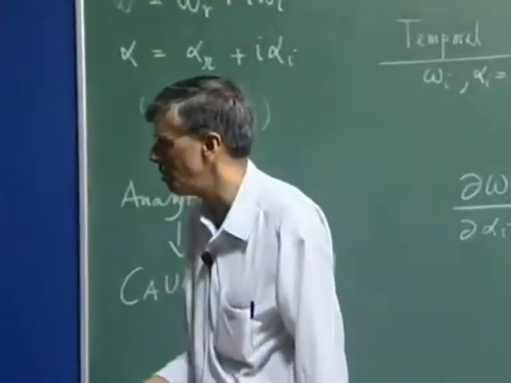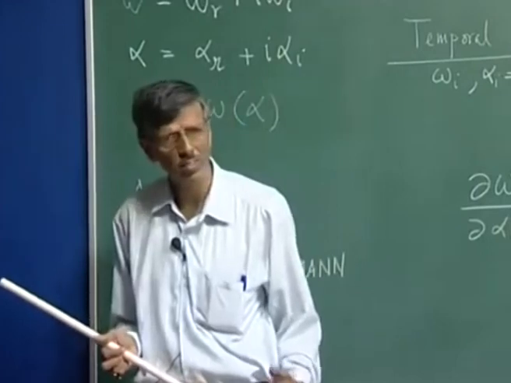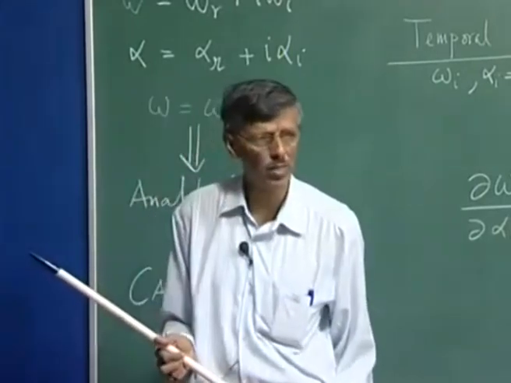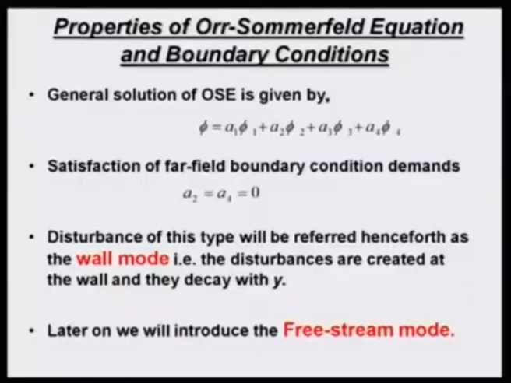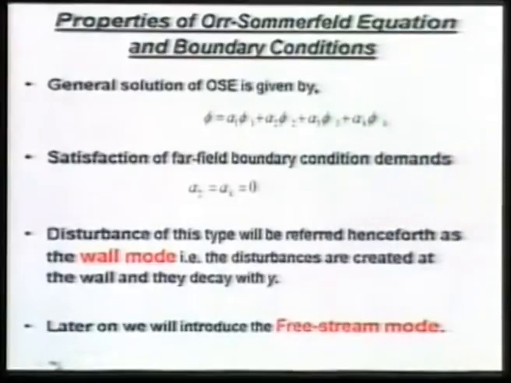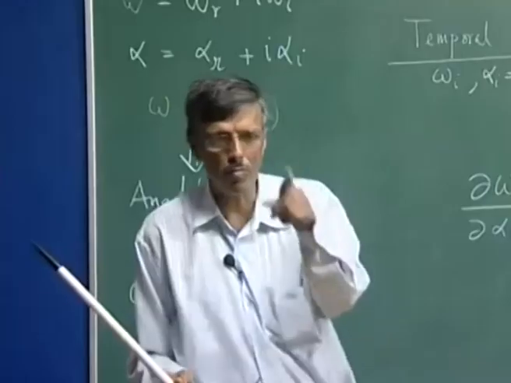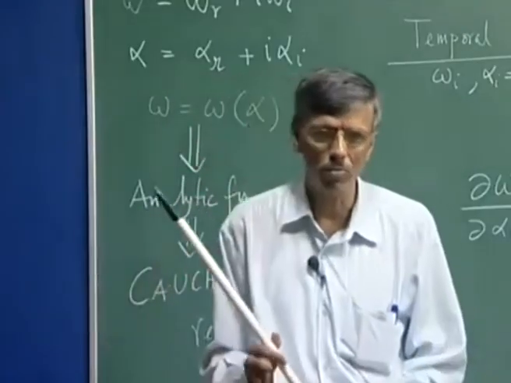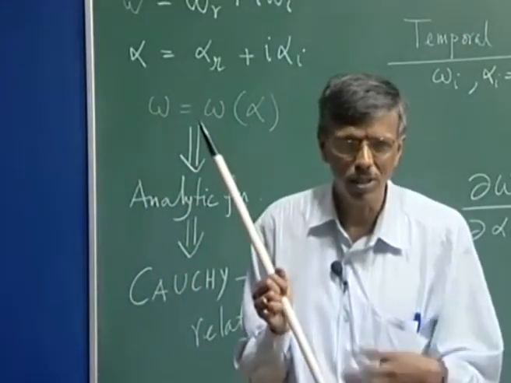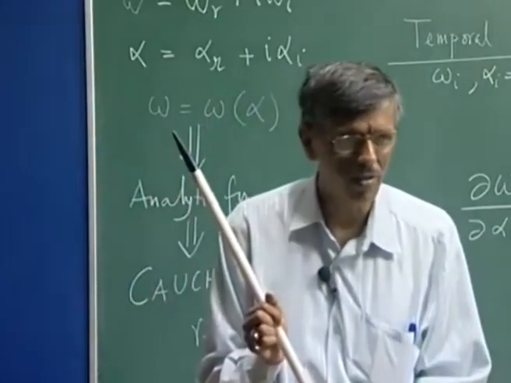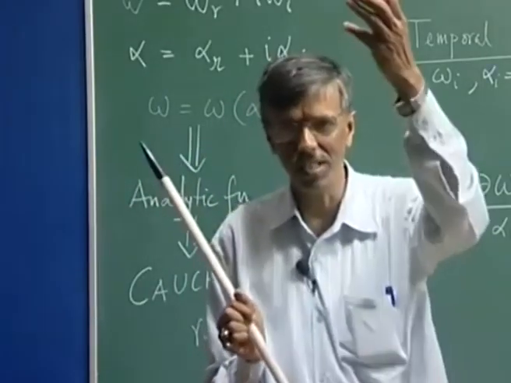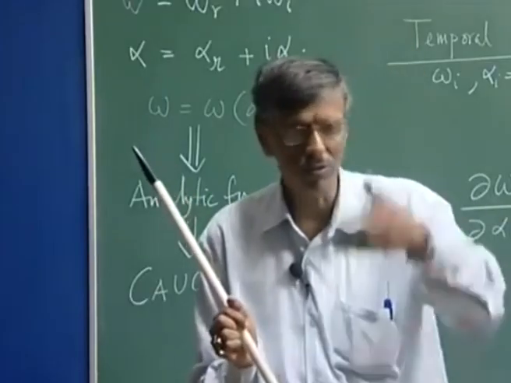So, we are talking about a particular attribute of the disturbance field. What is this disturbance field going to be? That this is going like this, e to the power minus alpha y and e to the power minus q y. So, the disturbance is predominant where? Closer to the wall, because as we increase the height we are going to decay.